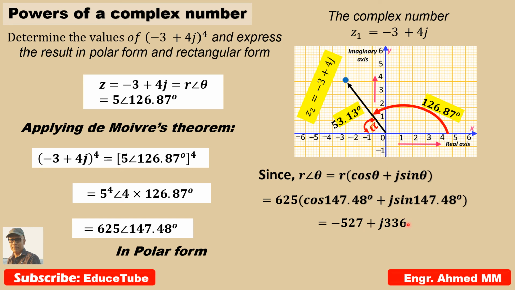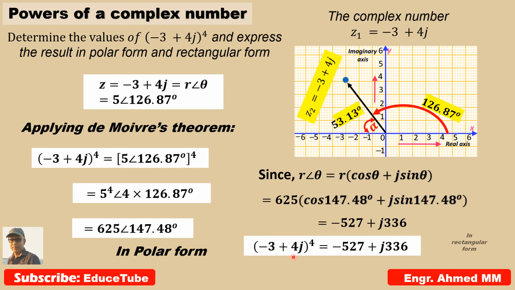This is the value with this power, and it is in rectangular form. So we got both polar form and rectangular form, and we understood how to get the powers of a complex number. And that's all for today.